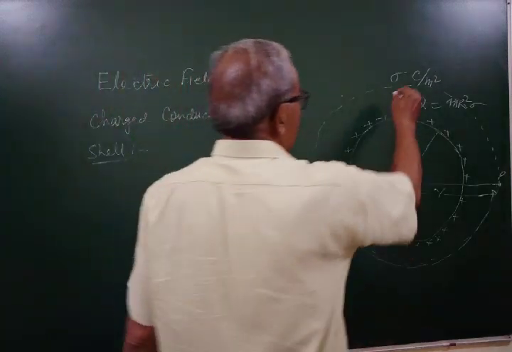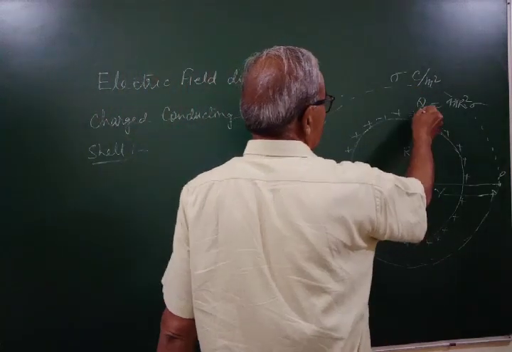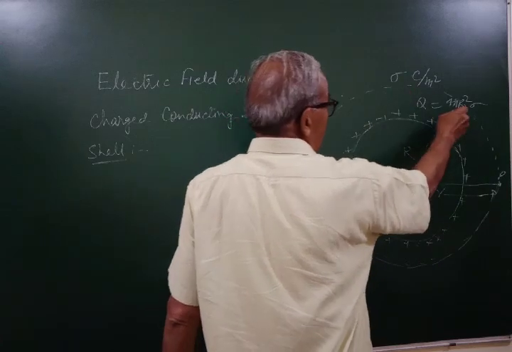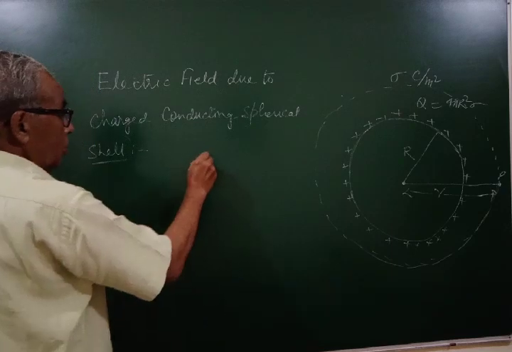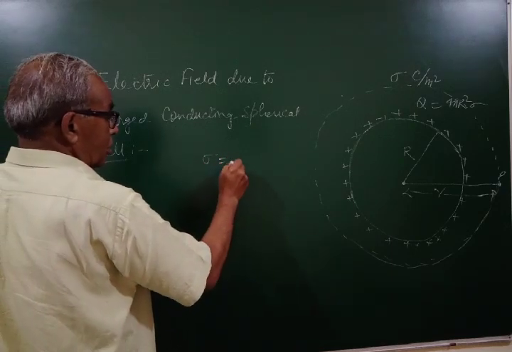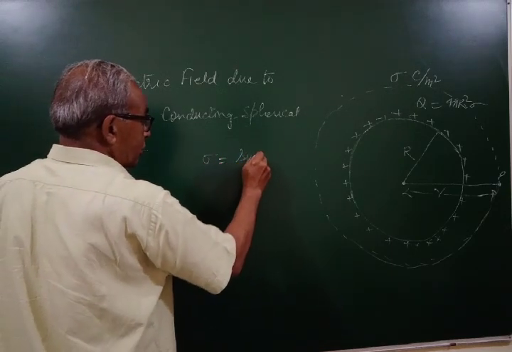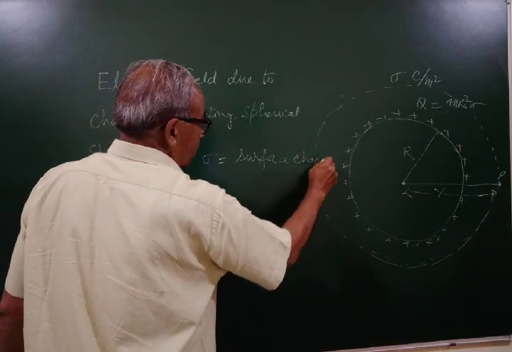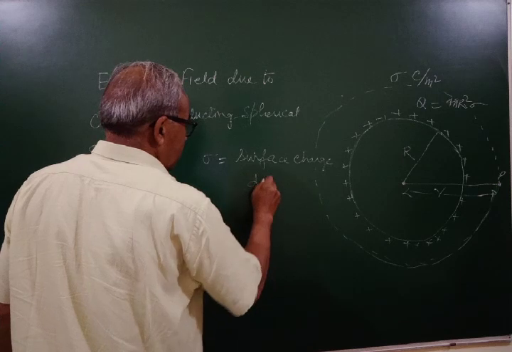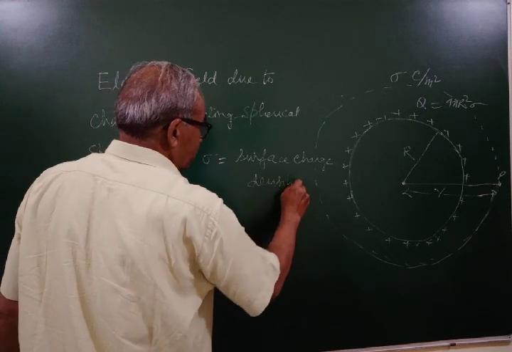So the total charge Q is 4 pi r square into sigma. Sigma is the surface charge density. What does it mean? Surface charge density means charge per unit area.